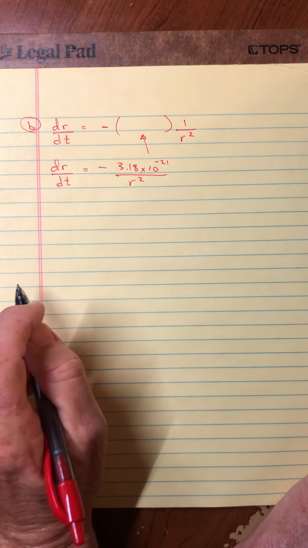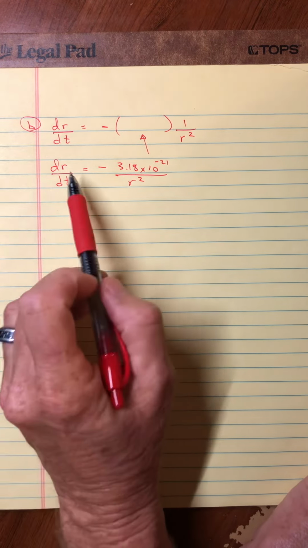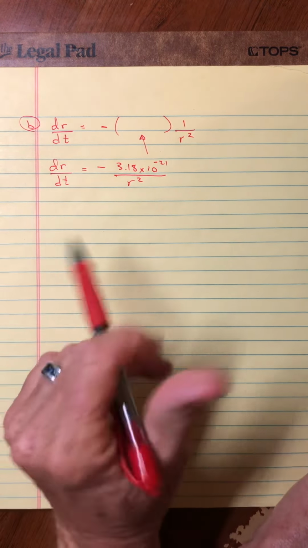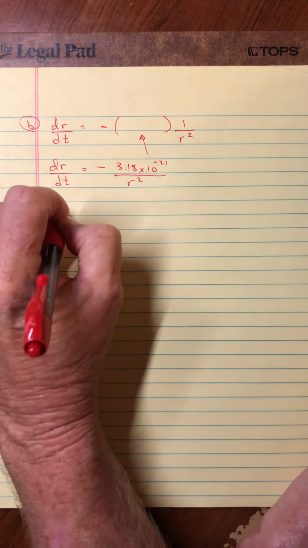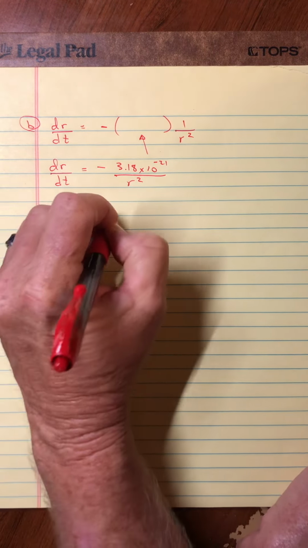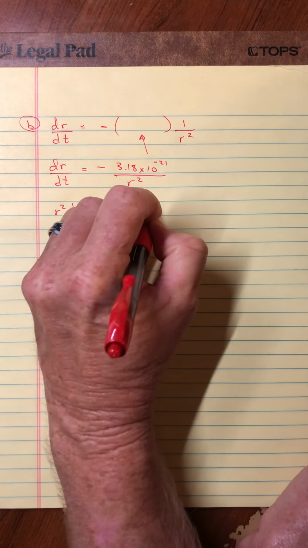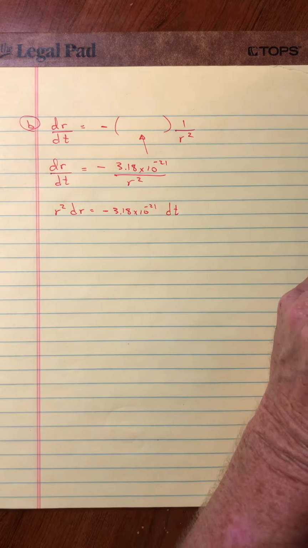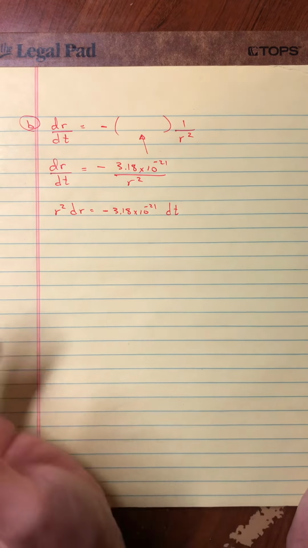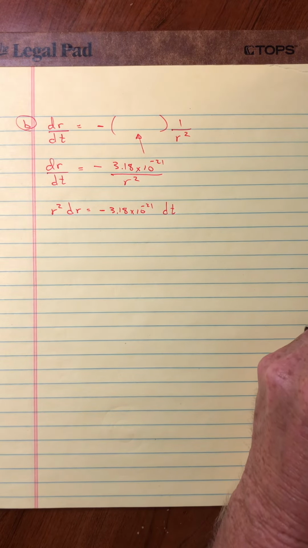And of course, then we are asked to solve this for how much time it takes. So we have a differential equation, and fortunately, we have a separable differential equation. So let's put all the r's on one side, r squared dr, and all the time factors on the other. The only time factor we have is dt. And we can put the constant to either side, it wouldn't matter, but leave it up there in the numerator.